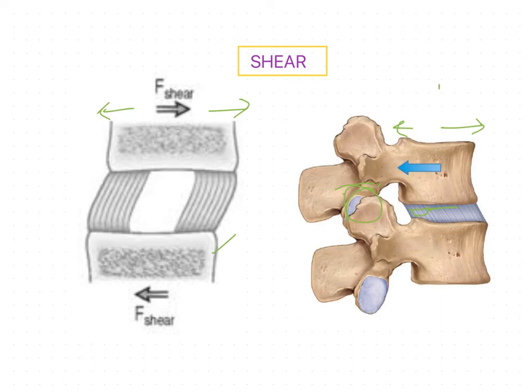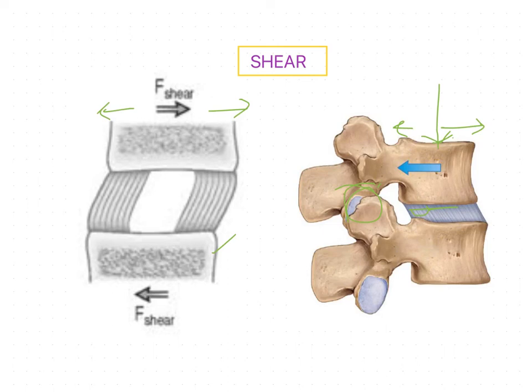So when there is a sustained load acting on the discs, the entire shear force is resisted by the zygapophyseal joints. So these are the things you have to consider in the shear forces.